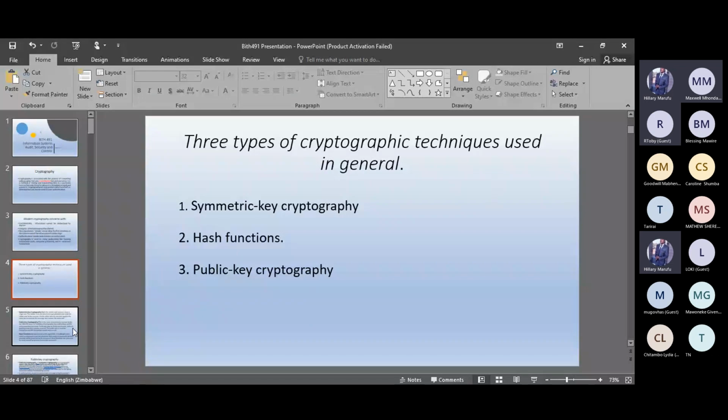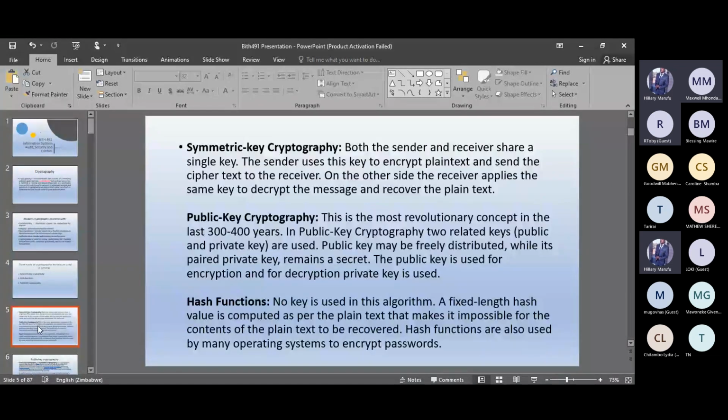All right. So for symmetric key cryptography, both the sender and the receiver have the same key. A literal example is a key to a door. There's only one key that will open a door. Let's forget about master keys and everything.